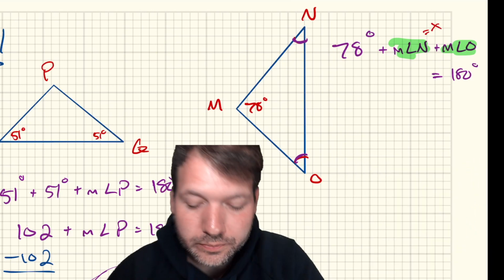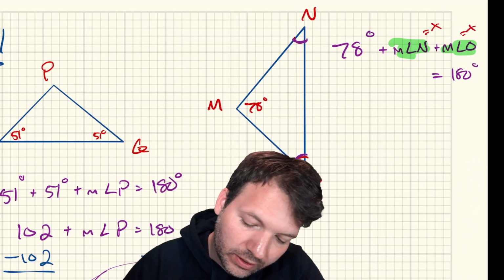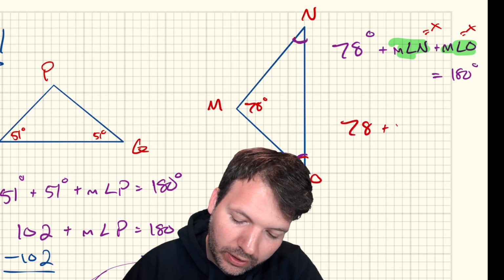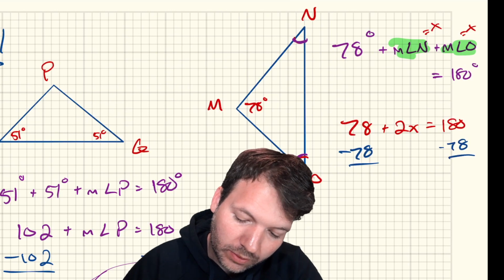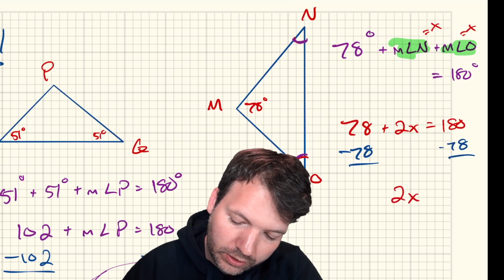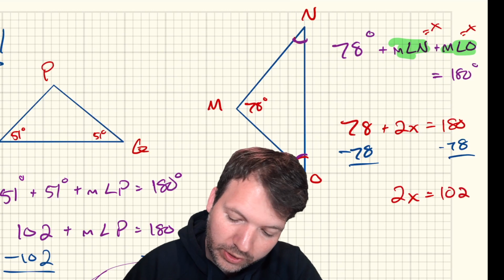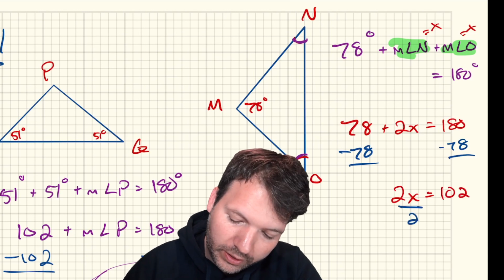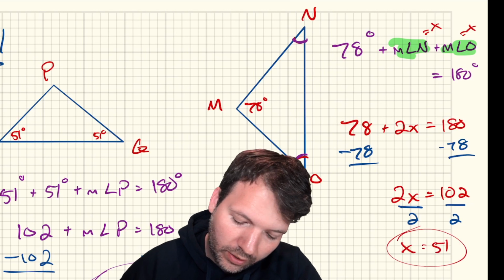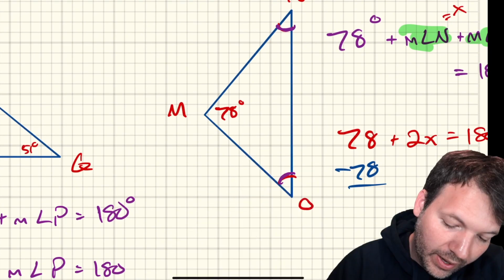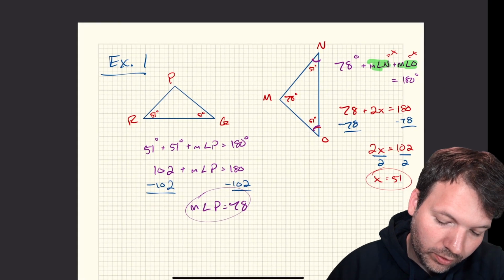A classic. So if this is X and this is X, we can say 78 plus 2X equals 180. Subtract 78, subtract 78. 2X equals 102. Divide by 2, divide by 2. X equals 51. So coming back into our figure here, that's 51 degrees, that's 51 degrees.